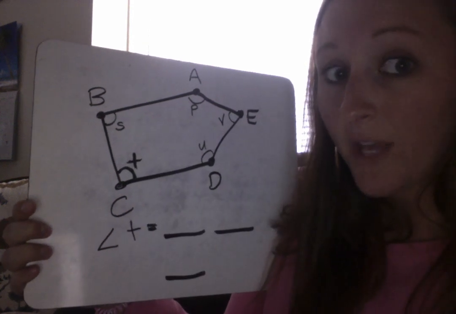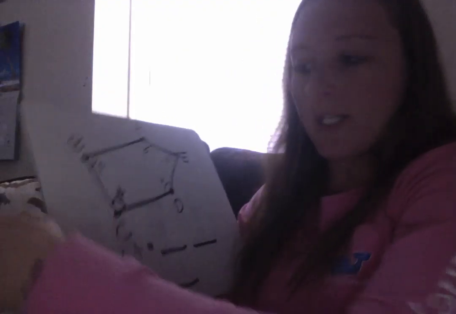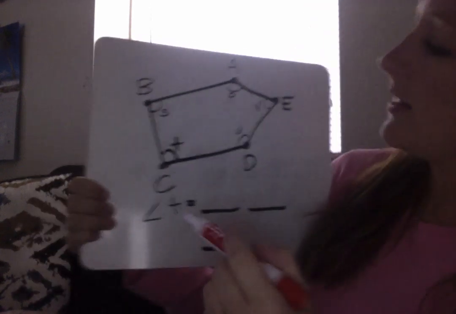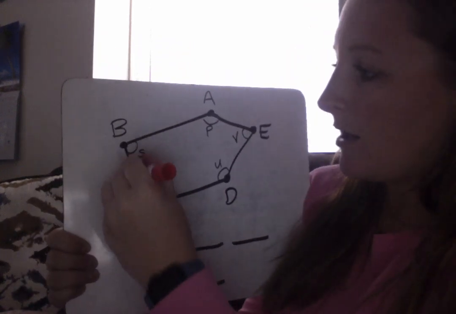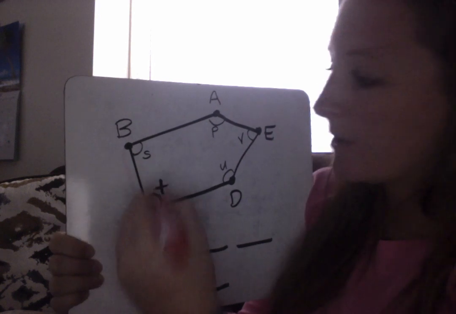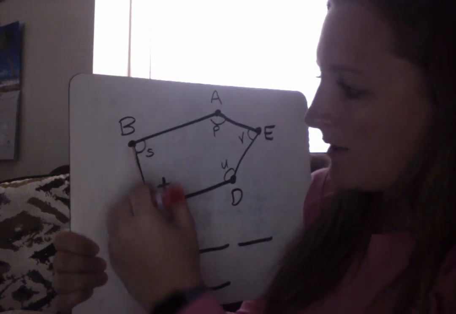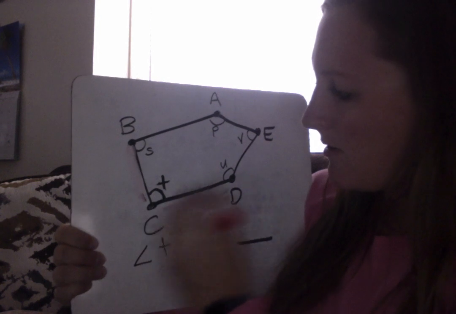So all we have to do, one sec, I'm getting a different color. All we have to do is this. We're going to look at the angle that would be angle T. So it would be using this part. Oh my goodness, of course, this marker is totally dead. This part and this part.